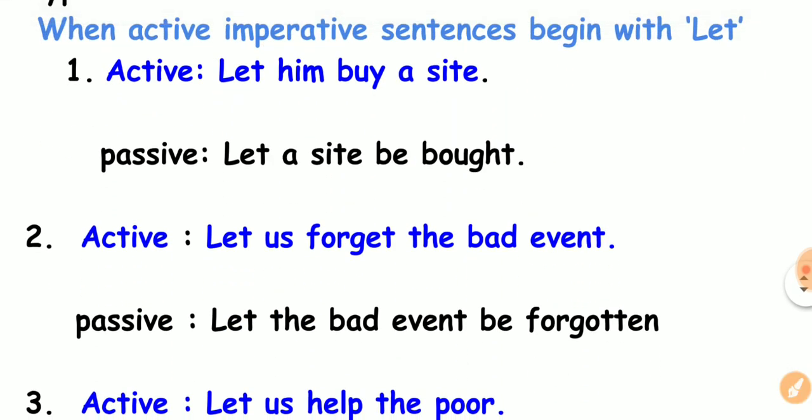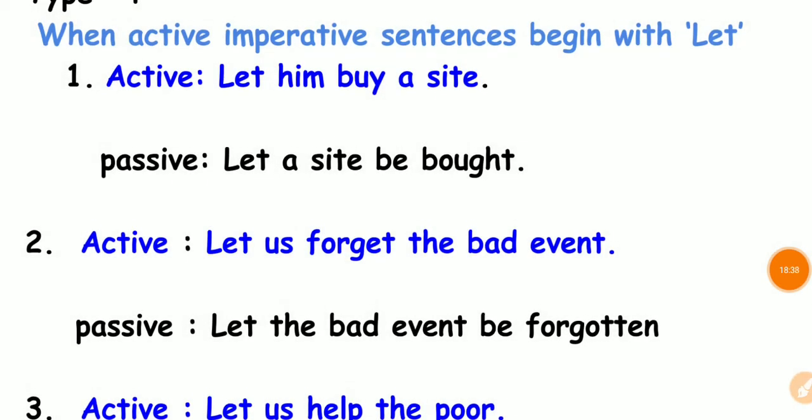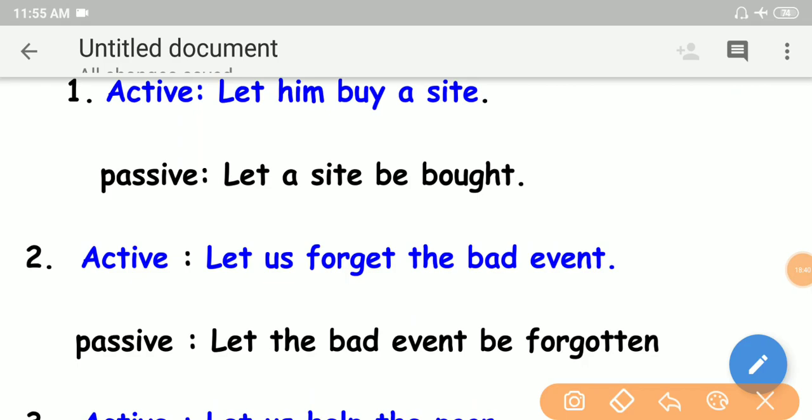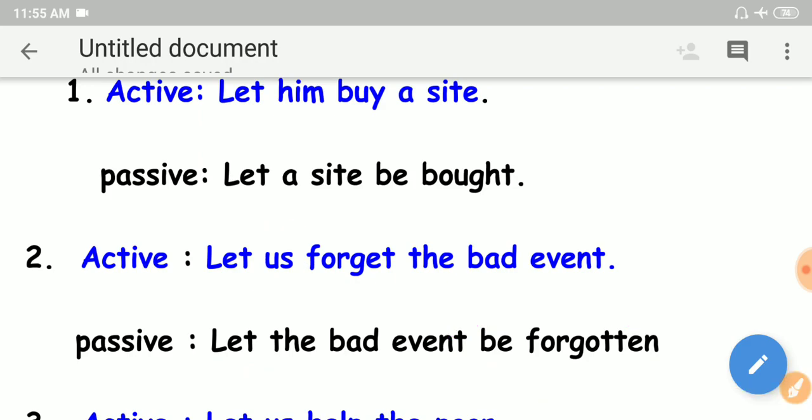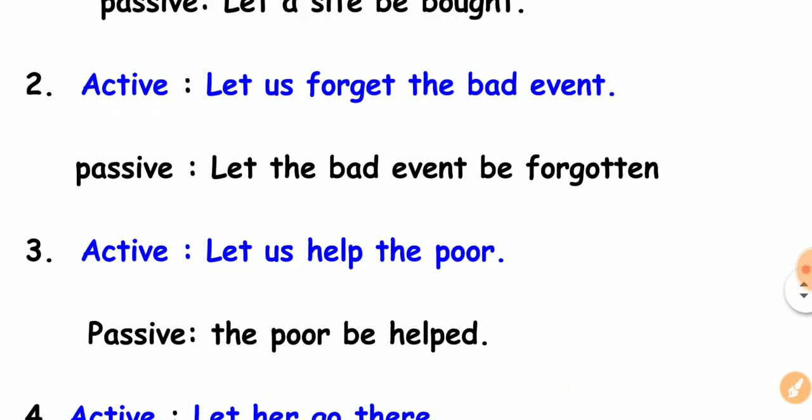So let us go and learn with the other example. Let us forget the bad event. Let the bad event be forgotten by us, we can use. If not, no need to use also. Like that, another example: let us help the poor.